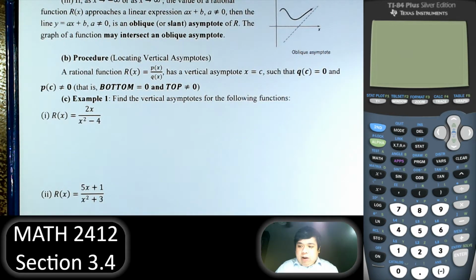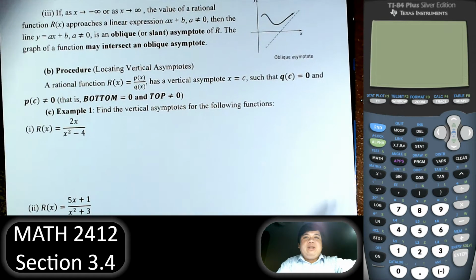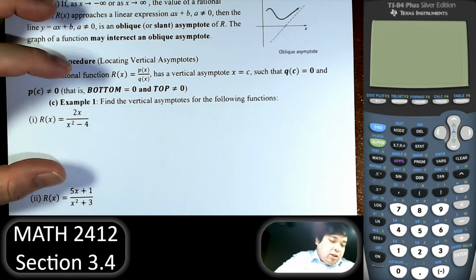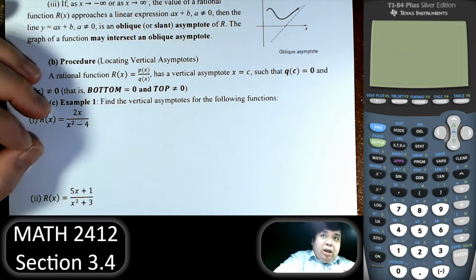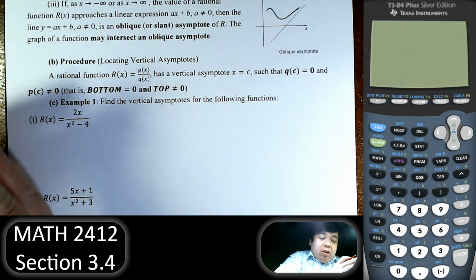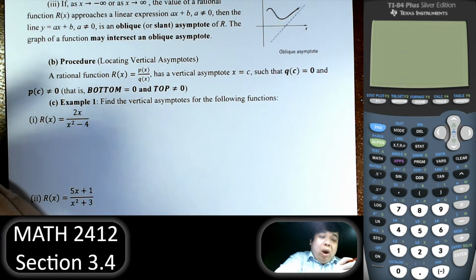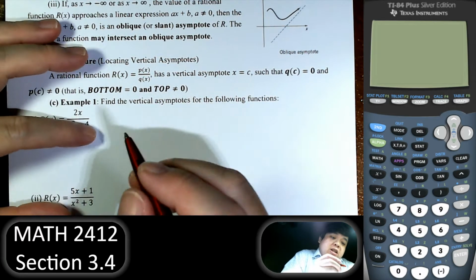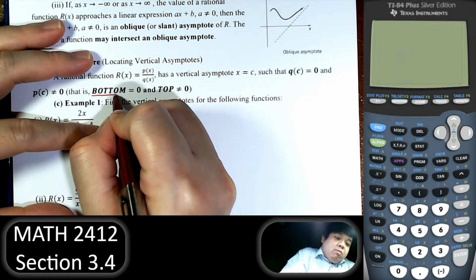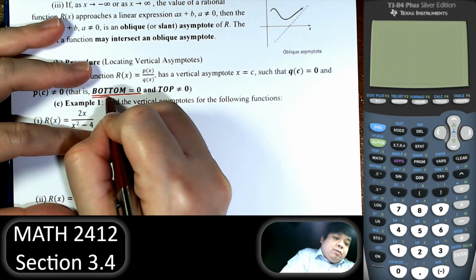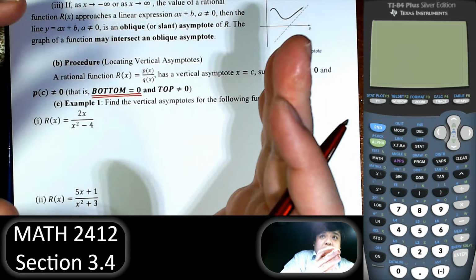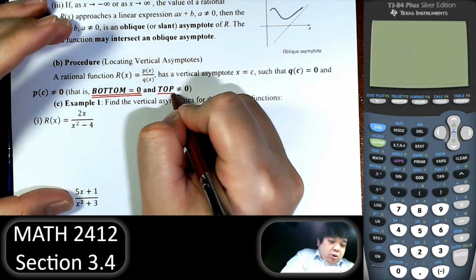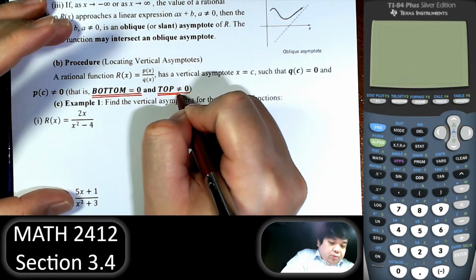Right. Now, we find the vertical asymptotes. This is like what we have in trigonometry or algebra. First, the vertical asymptote occurs where the function is undefined. The function is undefined where we let the denominator equal 0. But at the same time, if the top equals 0 as well, it is not a vertical asymptote.